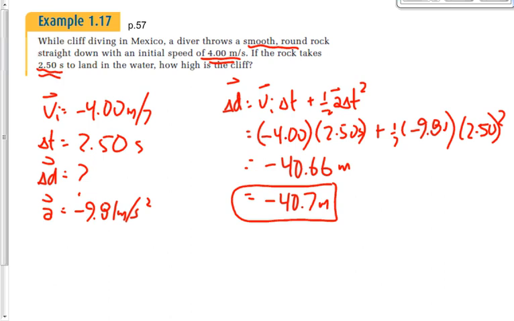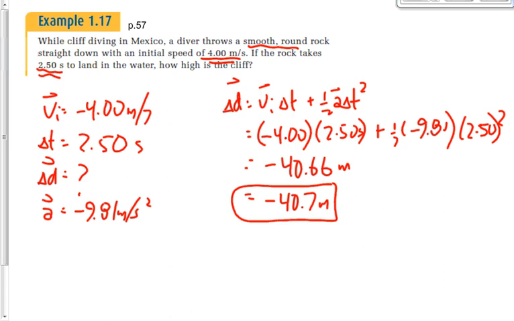If the rock fell neg 40.7, then the height of the cliff is? Positive 40.7. Height's a scalar, right? So the height of the cliff is 40.7 if the rock fell negative 40.7.